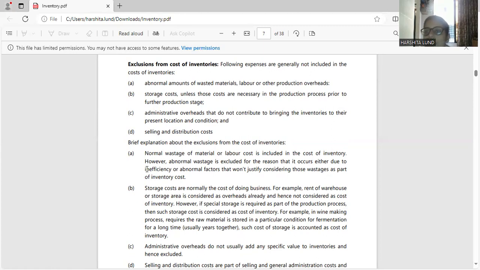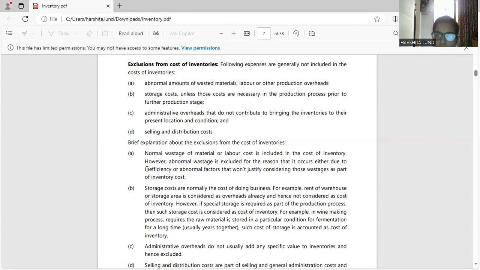These abnormal costs have to be directly debited to the P&L account, and will not be included in the valuation of the inventory. Storage costs, unless those costs are necessary in the production process prior to a further production stage. So if the raw material is stored for the purpose of conversion, then the storage cost will be included in inventory. But if the finished goods are stored, then this cost will not be included.